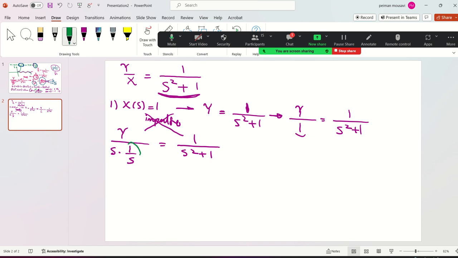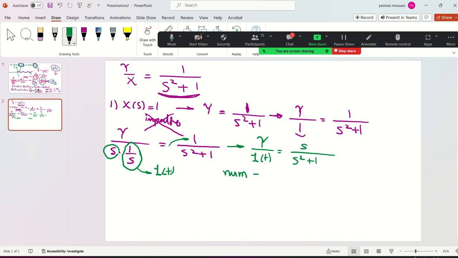I taught you. Look at your notes. Which input is this? Unit step. Exactly. So if you say Y over unit step, and s goes up here, s squared plus 1. So it's enough.